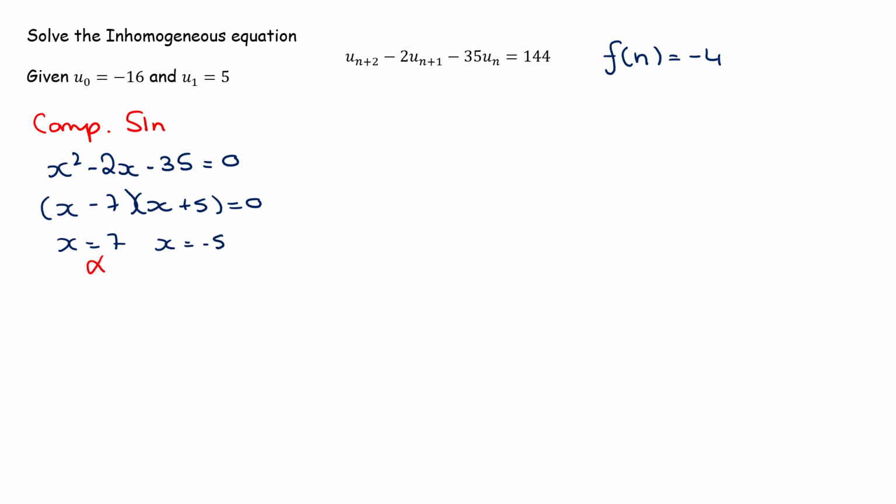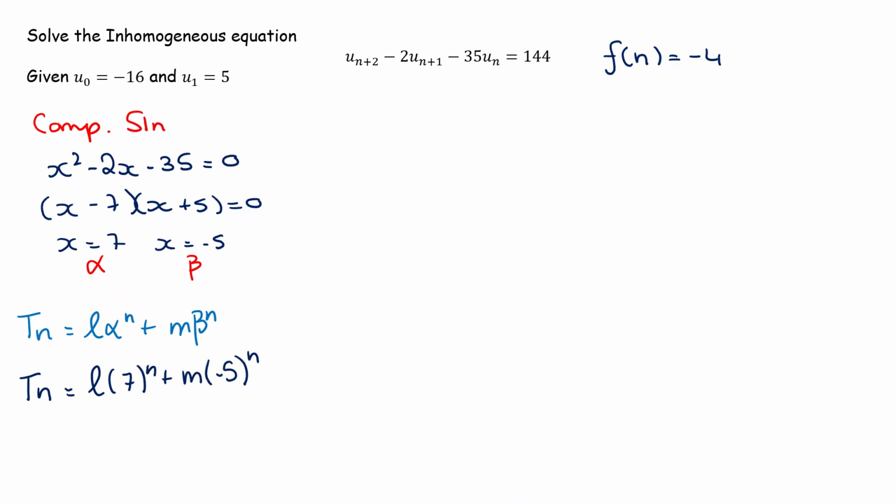That's going to be my alpha and my beta. So we're using our different root theorem. So that is L alpha to the power of n plus M beta to the power of n. So our complementary solution here is L times 7 to the power of n plus M times minus 5 to the power of n.